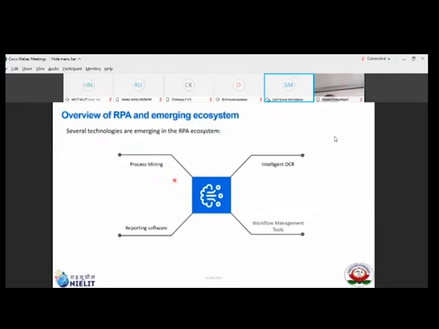So with OCRs in place, RPA is also going to get its strength and energy, I should say, because automation of PDFs is going to be much easier. And the conversion rate of doing the OCR in these RPAs is also phenomenal. As far as I say, 98-99% accuracy, it is able to convert those optical characters into text.